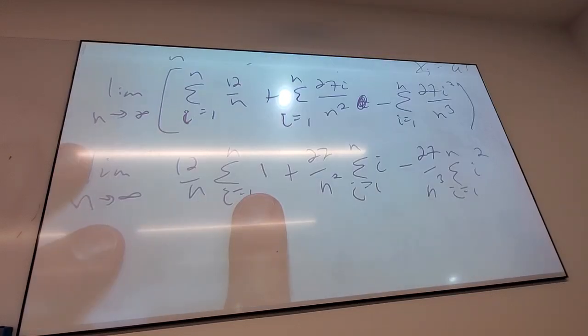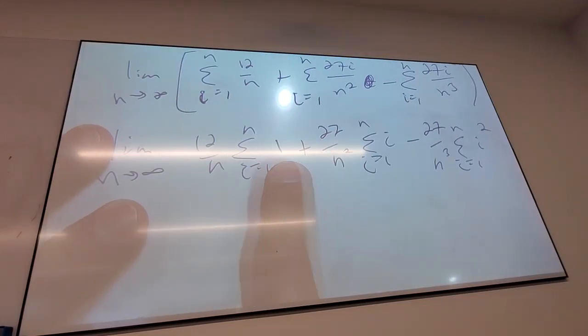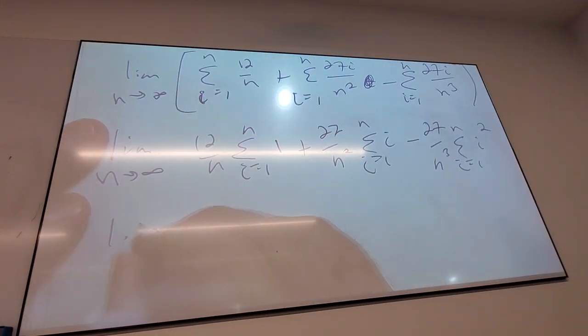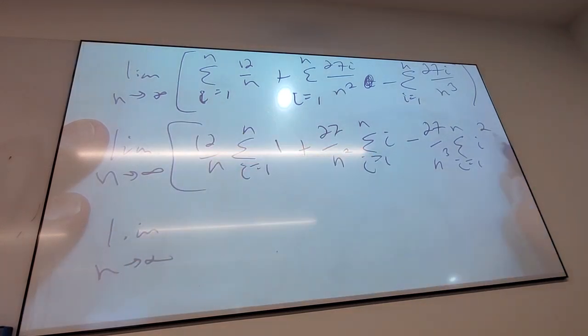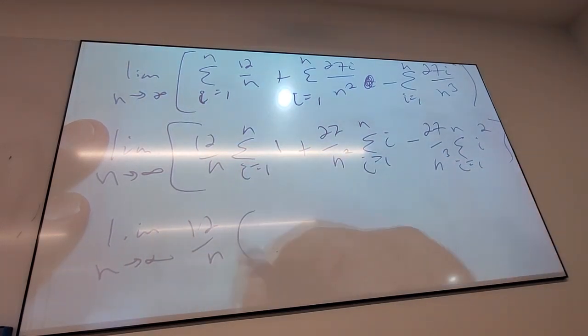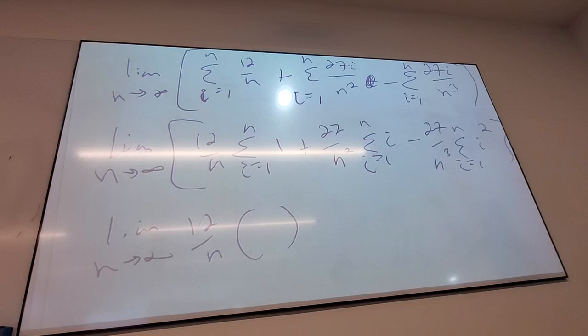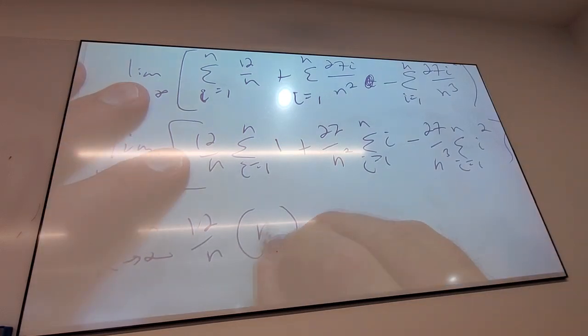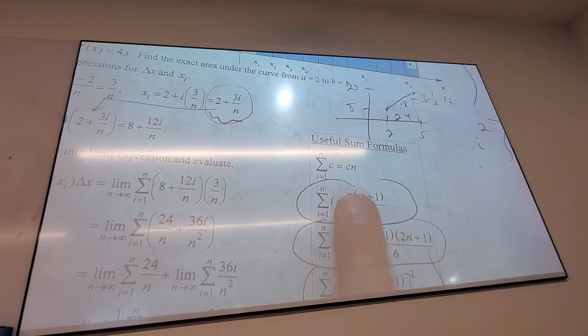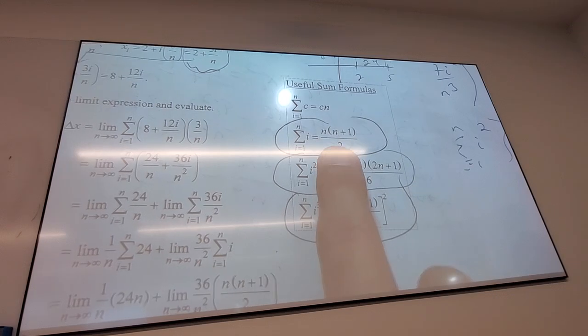So this sum, what do you guys tell me? If I add up 1 N times, 1 plus 1 plus 1 plus 1 N times, I get N. Does that make sense? Okay. So you can either look at that as something to memorize. By the way, I'm going to give you these.